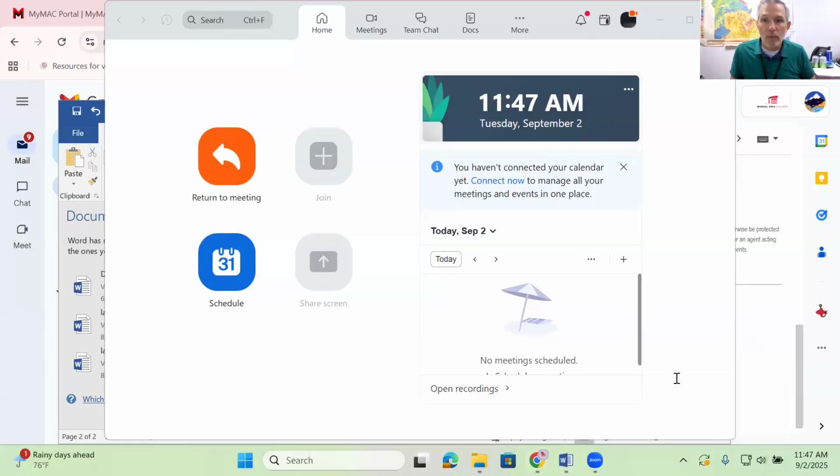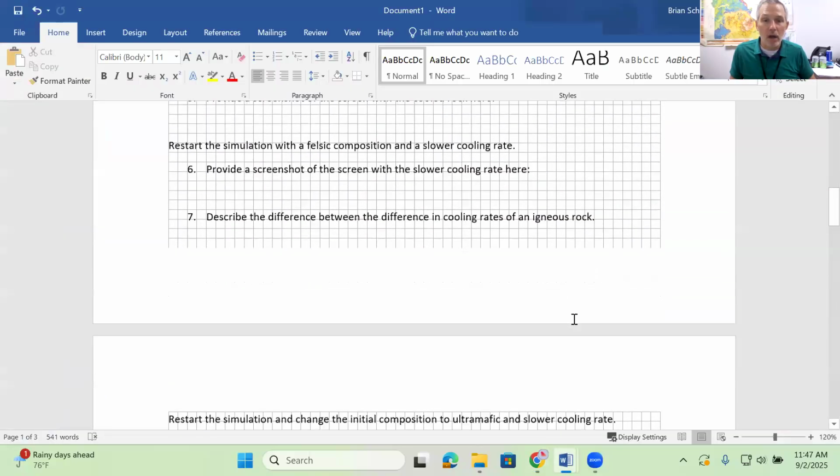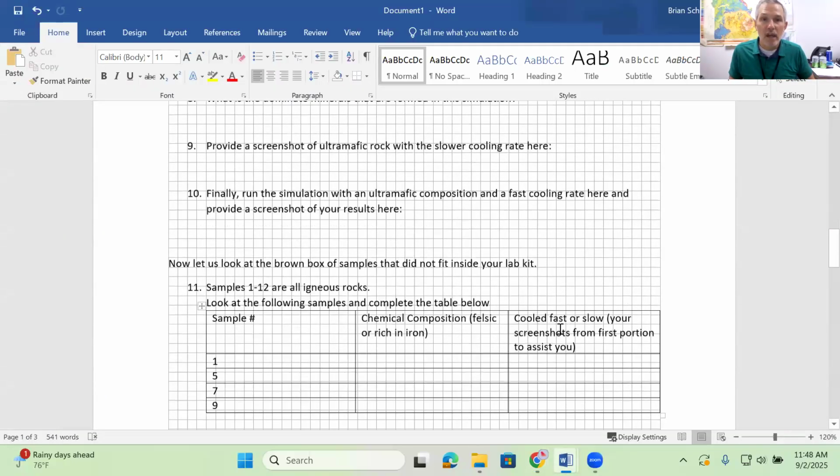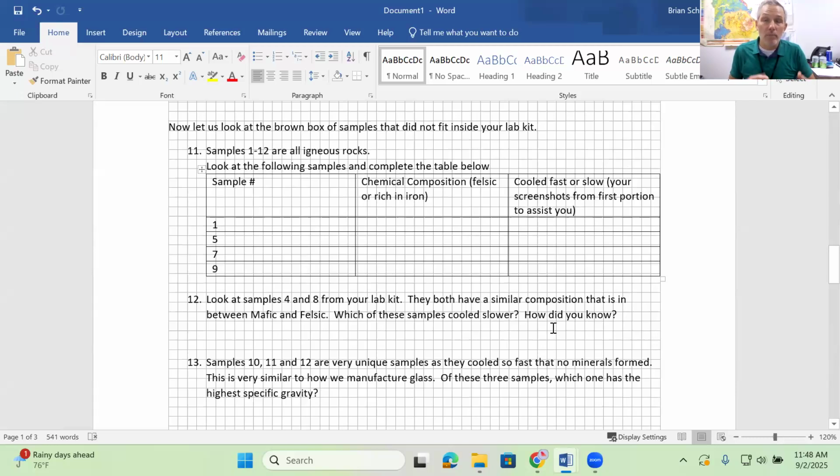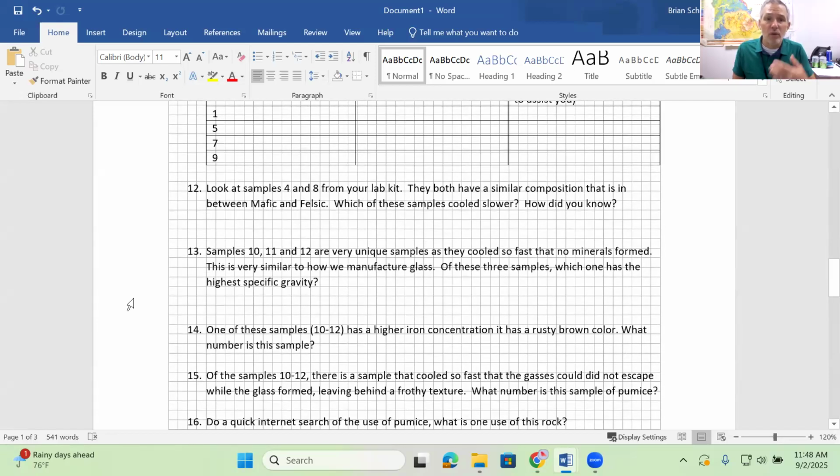And so you're going to be answering questions about these different samples, and using your knowledge from the little simulator, you're going to see which samples are rich in iron, and which ones are cooling fast or slow. And you're going to be reporting all that information. So you're going to be applying what you're learning in the second part of the lab based on the simulators from the first part of the lab.